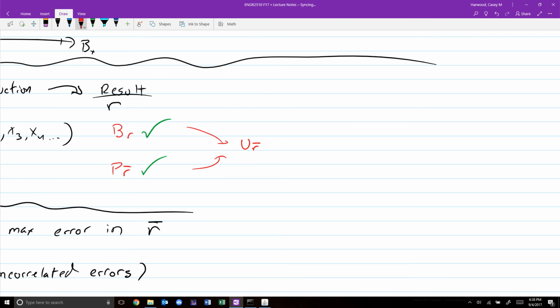You might be thinking, I have an R bar quantity here and an R quantity. Well, it turns out that because your bias limit is an estimate of how far your average could be from the truth, the bias limit on R is equal to the bias limit on R bar.